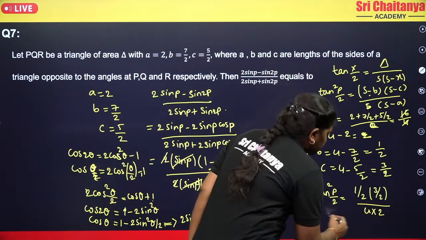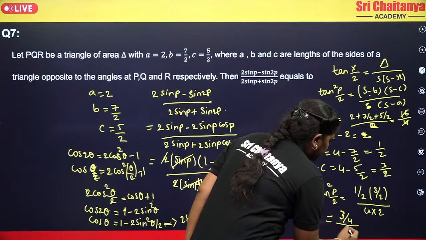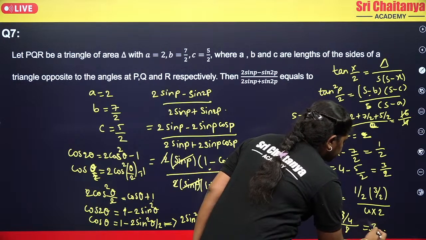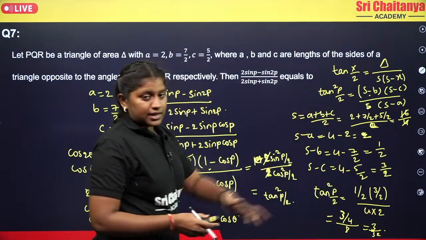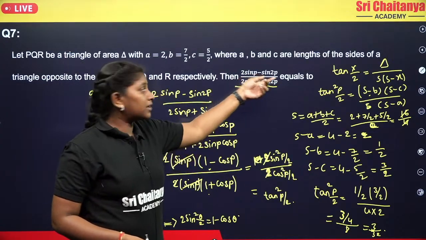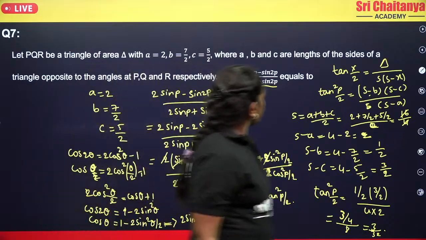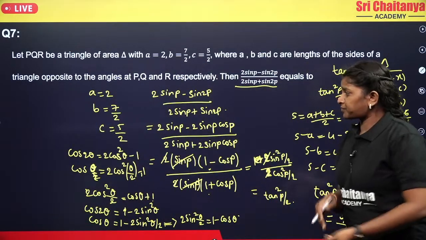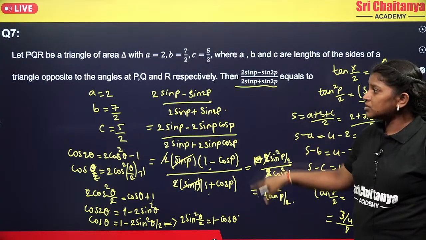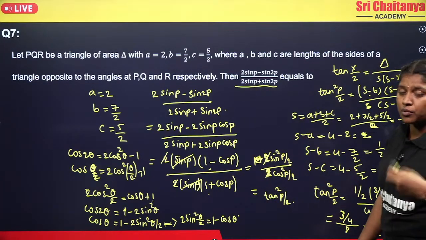So it will be 3 by 4 whole divided by 8, so it is 3 by 32. This 3 by 32 is the required value, which is nothing but 2 sin p minus sin 2p by 2 sin p plus sin 2p. If you observe, we have just reduced the given equation with the help of trigonometric formulas.